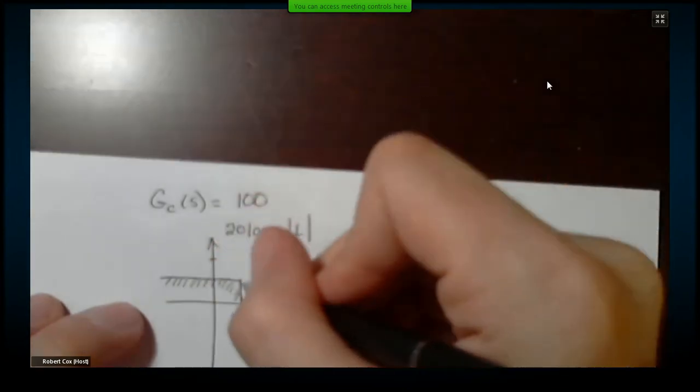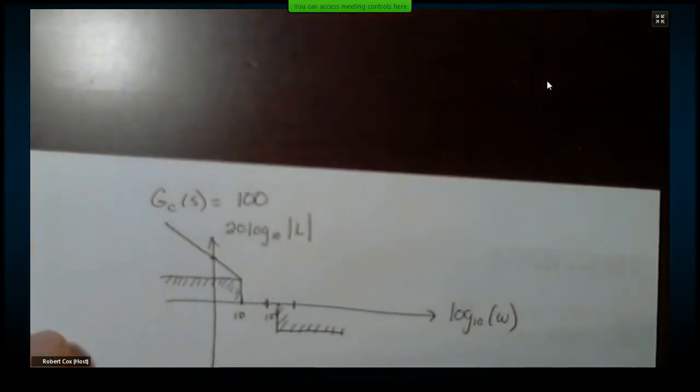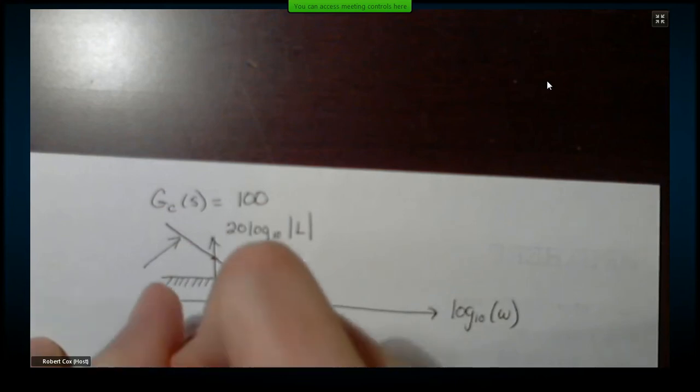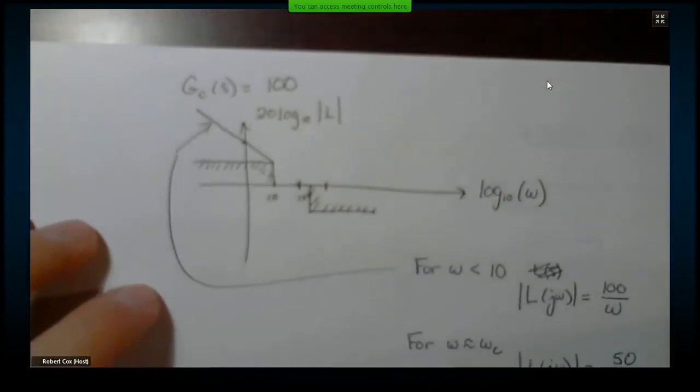So let me first draw the different asymptotes. So here's an asymptote. This guy is the low frequency one, okay? He is 100 over omega.